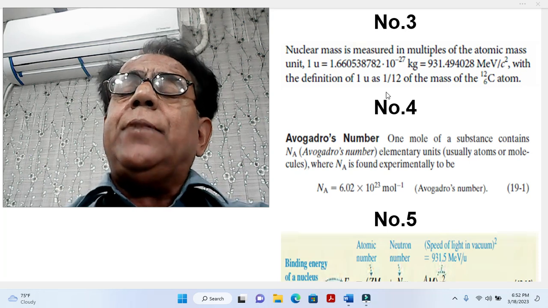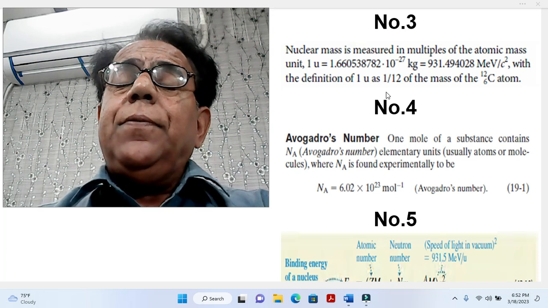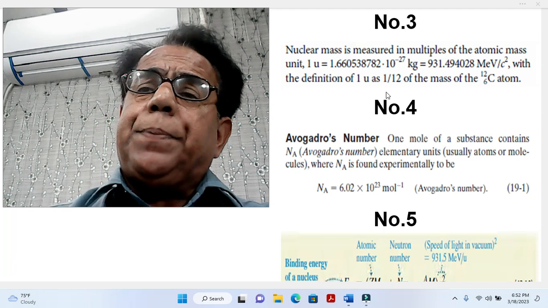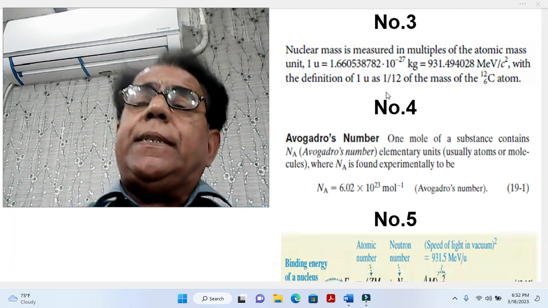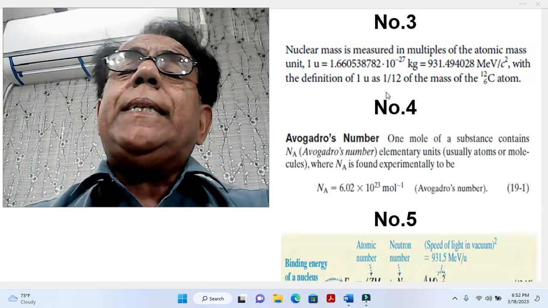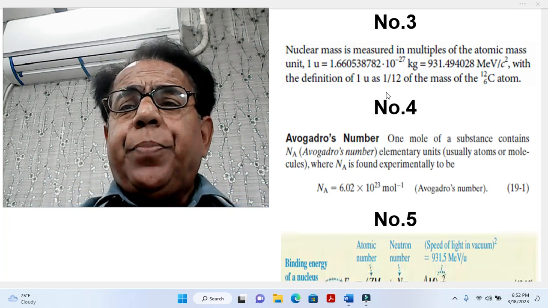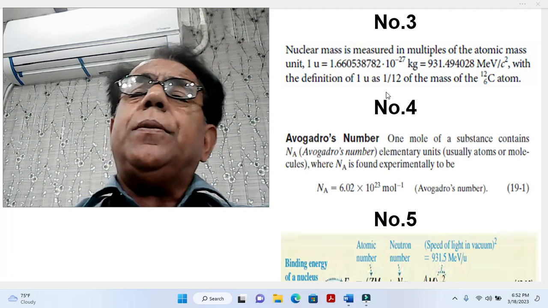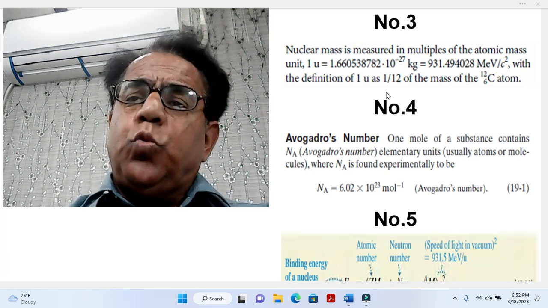This is an isotope of carbon. 12 is written as a left superscript and 6 is written as a left subscript of carbon C. Dear students, in this problem we will use the value of C square in terms of million electron volt over U.